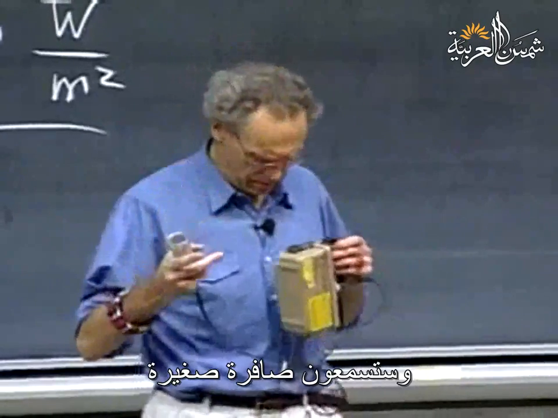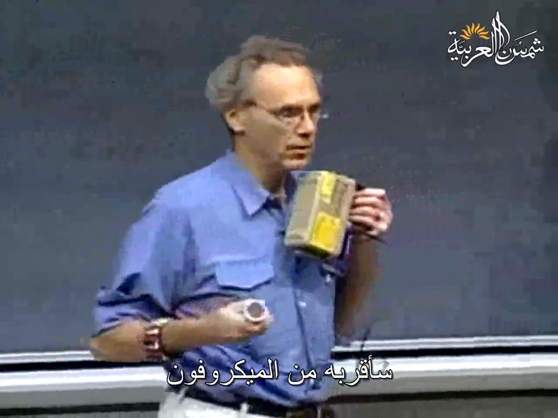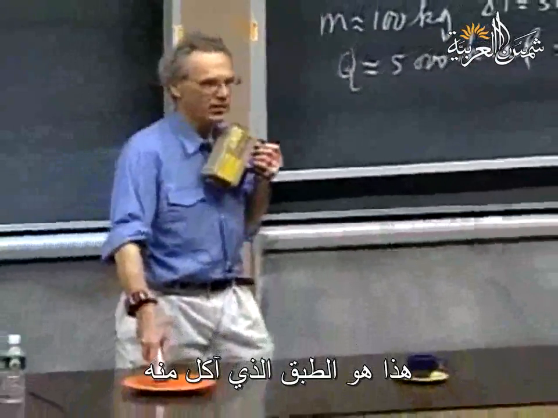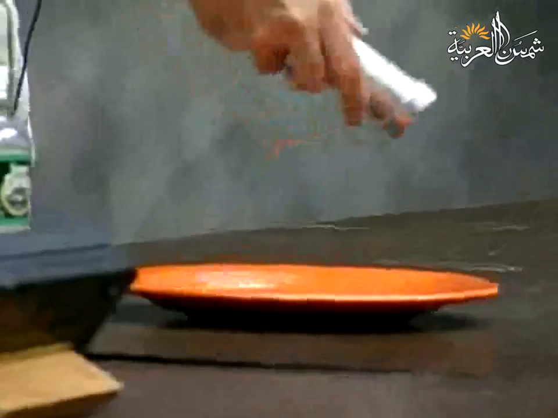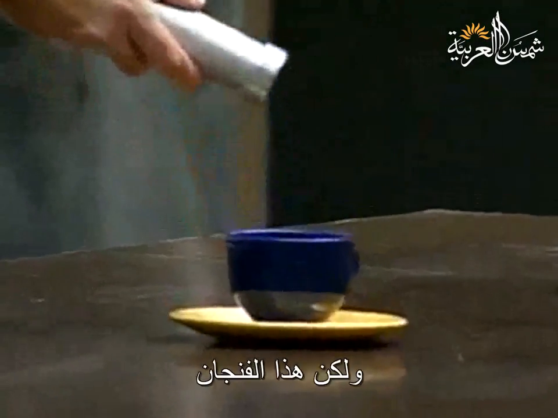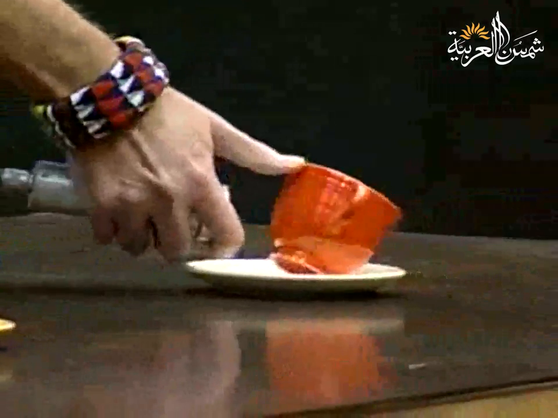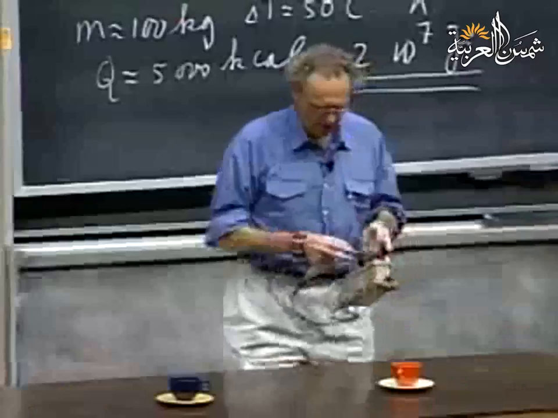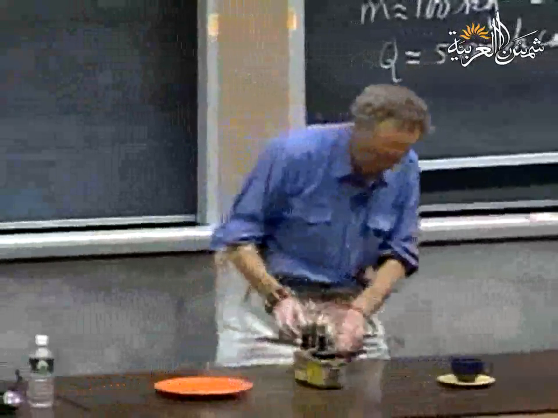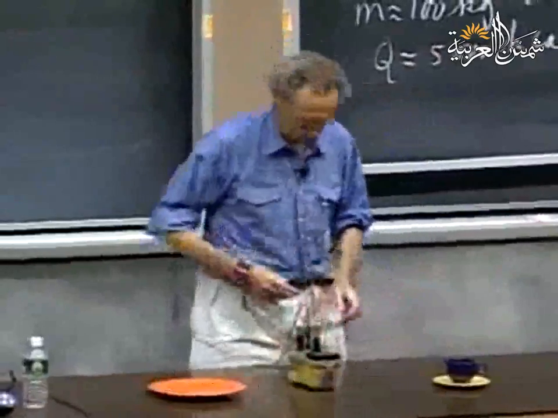You hear a little beep. I'll hold it close to my microphone. That's the plate from which I eat. This cup has no uranium oxide. With my cup of tea, radioactive. So if you want to come for dinner, you're more than welcome to do so. But you know what you're in for.